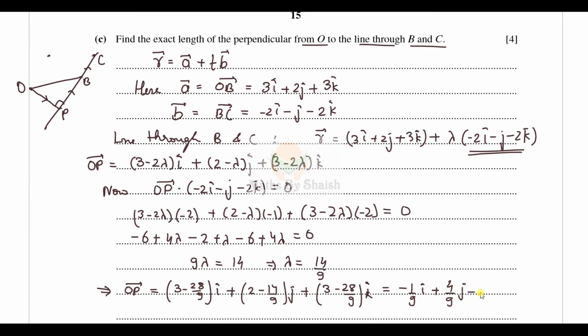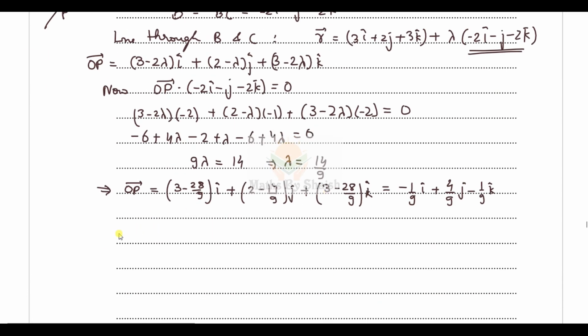So in order to find the exact length of the OP vector, we'll find the magnitude of vector OP. The magnitude is going to be the square root of the sum of squares of the coefficients. So minus 1/9 squared is 1/81, plus 4 squared over 9 squared, that is 16/81, plus again 1/81.